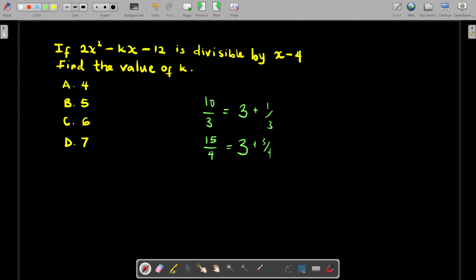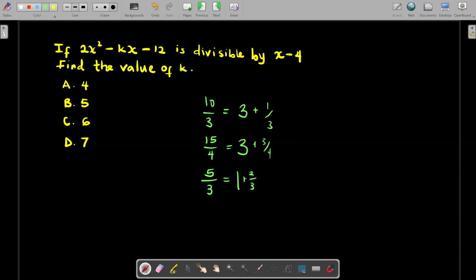Or let's say we have 5 divided by 3. What are we going to have? We have 1 whole number 2 over 3. Now, the point here is this.